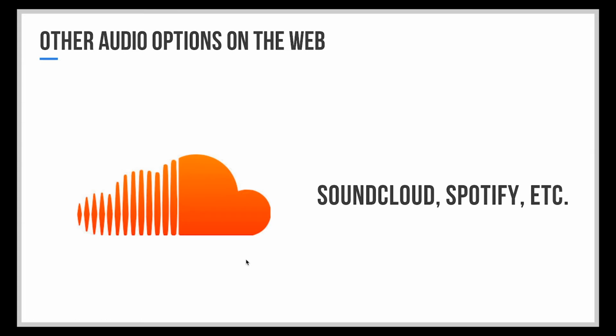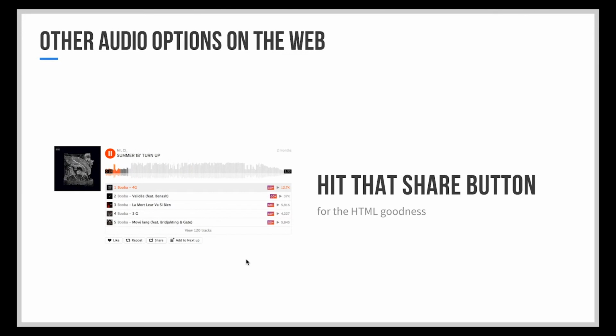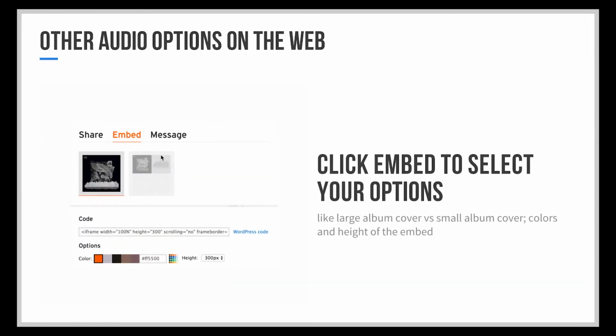Other options on the web include SoundCloud and Spotify and things like that. In order to embed this into your web page, click the share button down here. This is a playlist in SoundCloud. You want to include this whole thing, click share. And then once you get to the next screen, you will click embed.